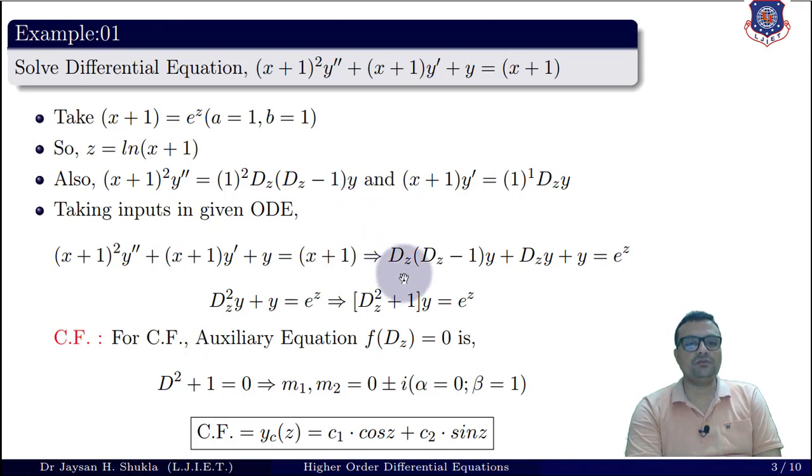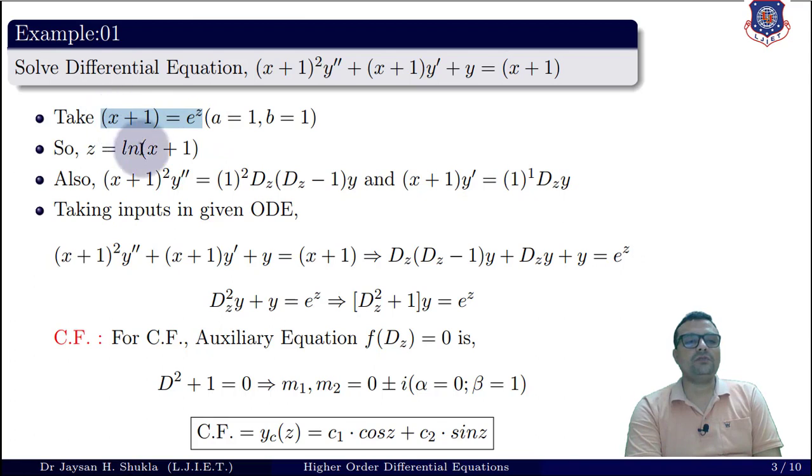So my equation will be like this: D_z(D_z − 1) y, which is the value of (x+1)² y'', and the value of (x+1) y' is D_z of y, the value of y as it is, and on the right hand side x+1 is nothing but e^z.